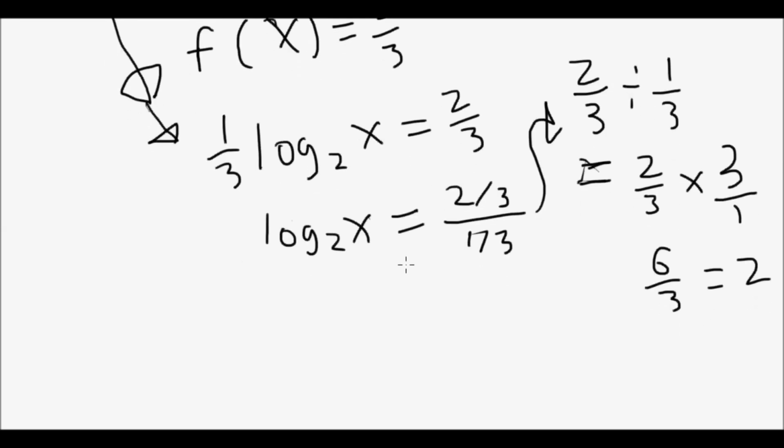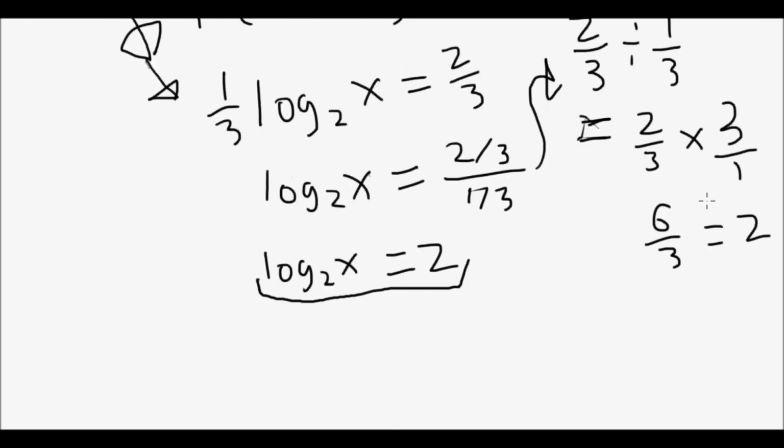So now that we have that, we're going to see that log 2x is equal to 2. Now we simply have to solve for x. So what we're going to do is use the log rule that we used previously to convert this.